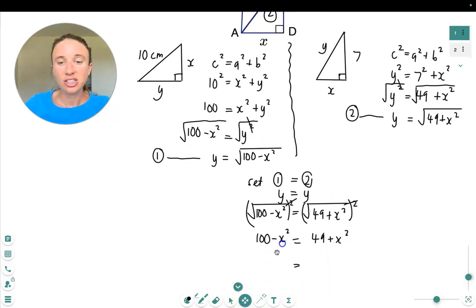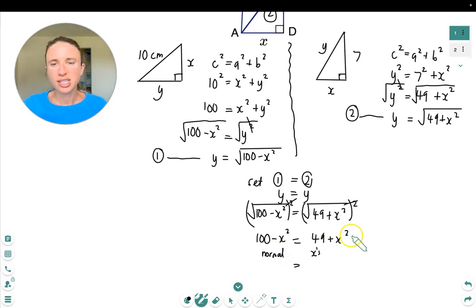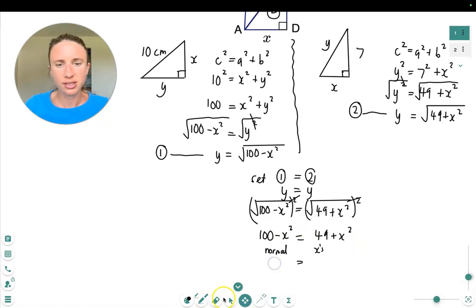Now, put your x's on one side and your normal numbers on the other. So x is on this side and normal on this side. I'm choosing that because if I put the x's on this side, it's going to become positive. It's going to be nicer, okay? But you can do what you like. Over this side, x squared is there, and I want to bring this x squared over there. It becomes plus x squared. Over this side, the 100 stays.